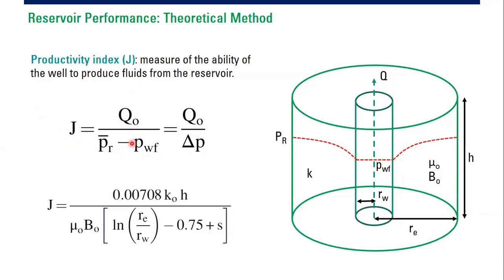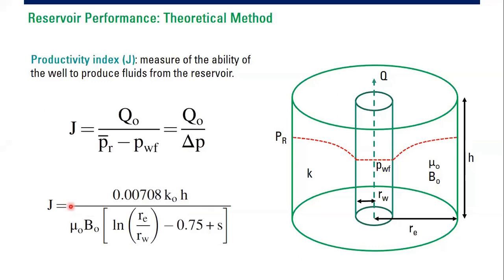We can also analytically calculate the productivity index, or J, by using this equation. This is a constant, actually a unit conversion factor, multiplied by the permeability and thickness. That's why I said that permeability and thickness are the two most important pieces of information that we get from logs regarding nodal analysis or reservoir performance.